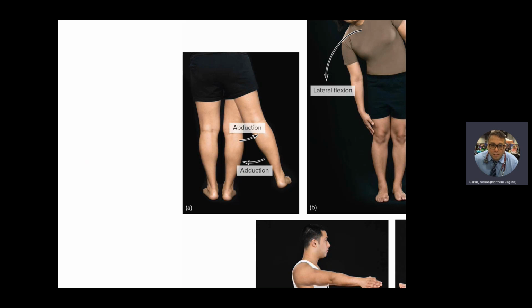I am now adding the limb to midline. There are different muscles that do different things. We're going to be talking about them in laboratory next week. Your abductor muscles in your thigh have to be the muscles that pull your thigh away from midline. And you have adductors. Those have to be muscles that pull your thigh towards midline.